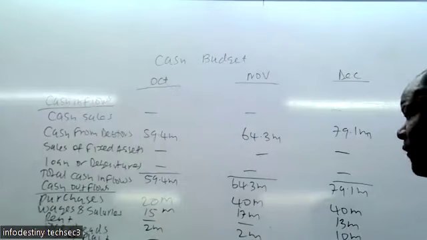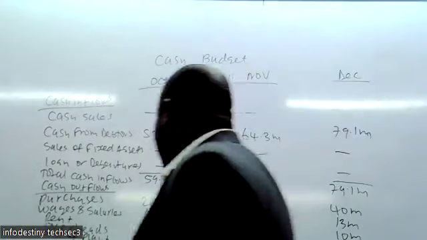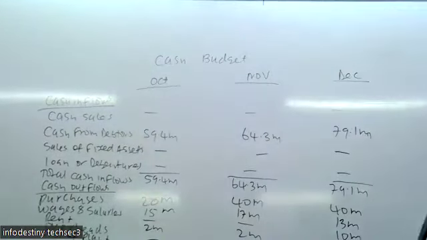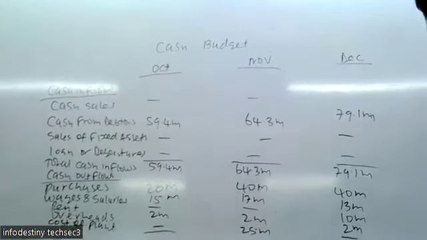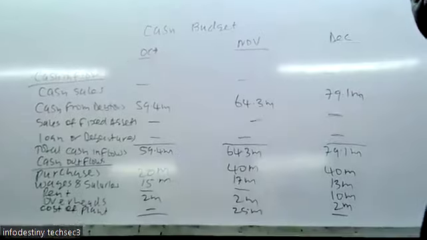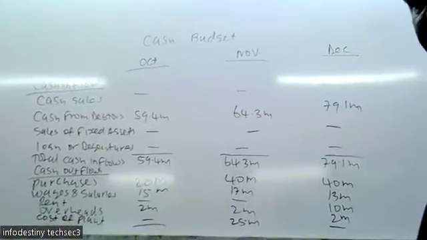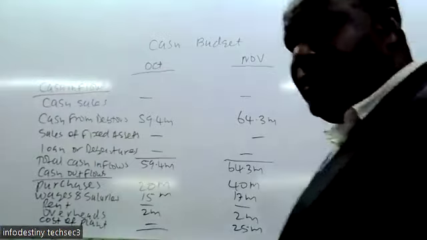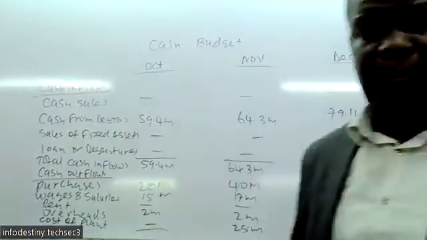So I would like you, first of all, to subtract these outflows from the inflows, so that you give me the net cash inflows.